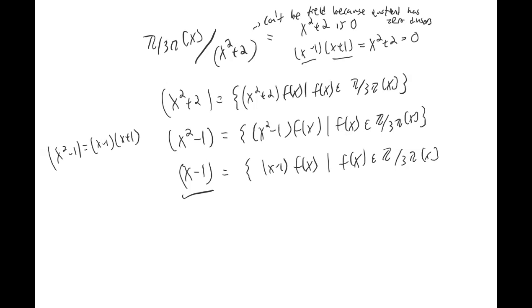So you see in this case, it's not even a prime ideal because the quotient is not an integral domain. This ideal is not prime and it's not maximal. Everyone clear on this?